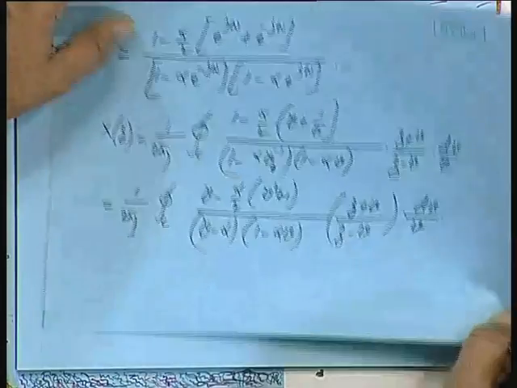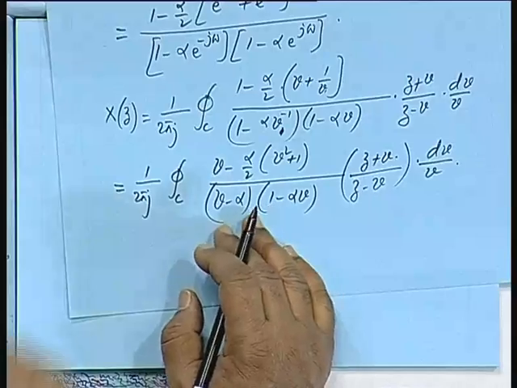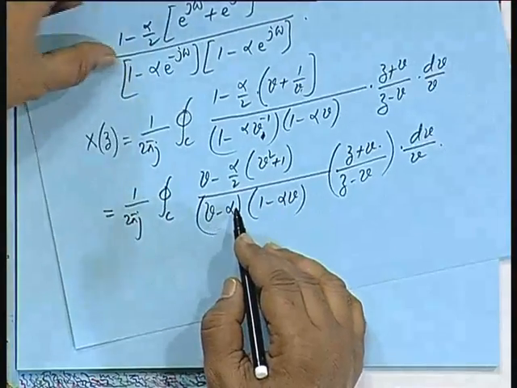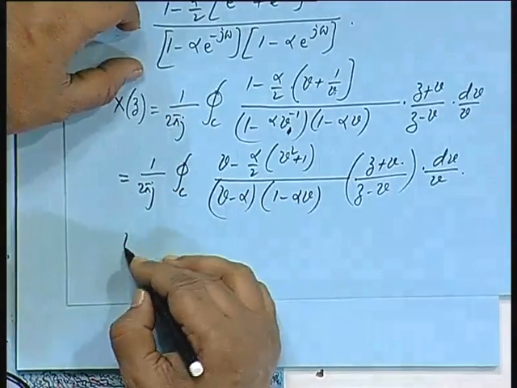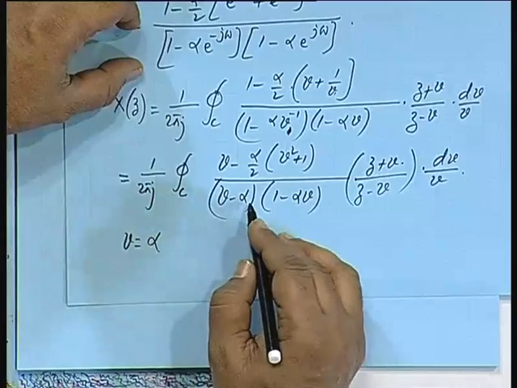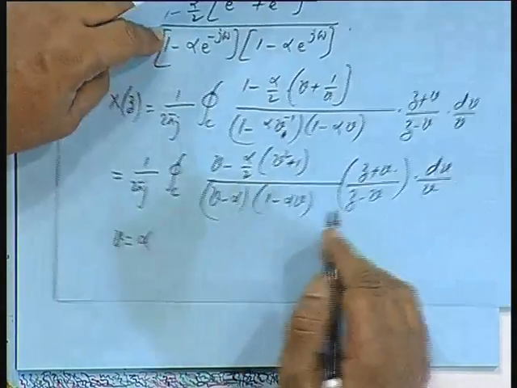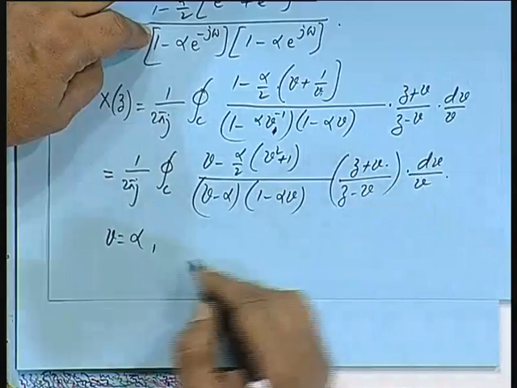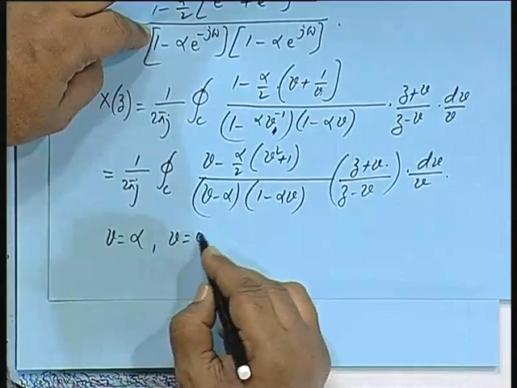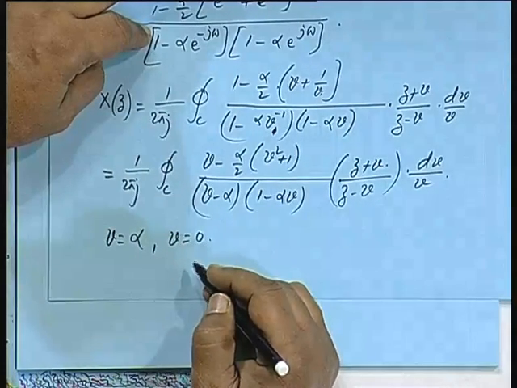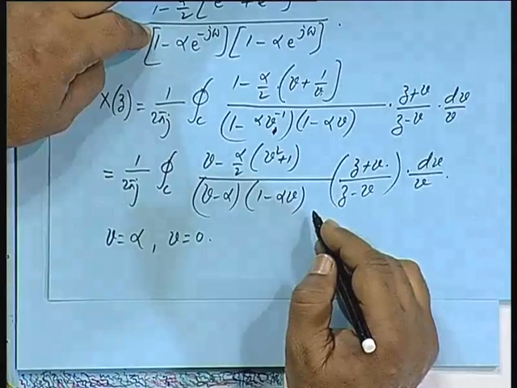Okay. What are the singularities? V is equal to alpha within the unit circle; V is equal to alpha is a pole when this function blows up. The other one is V equal to 0 because of this, and these are inside the unit circle. Okay.